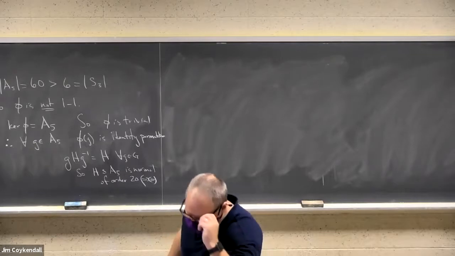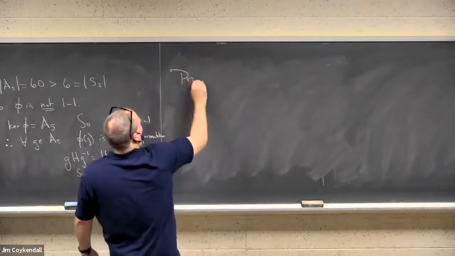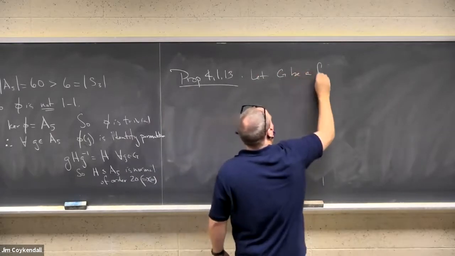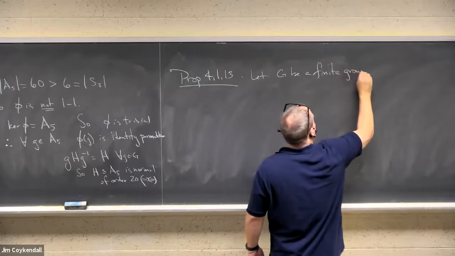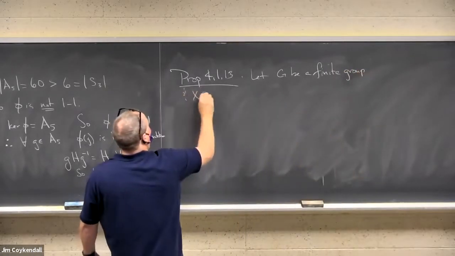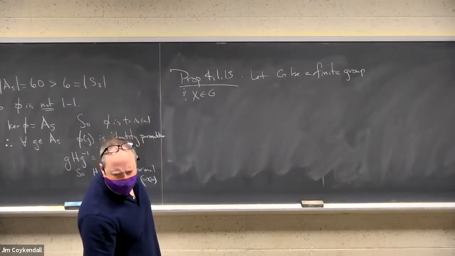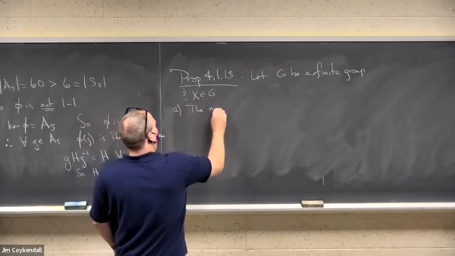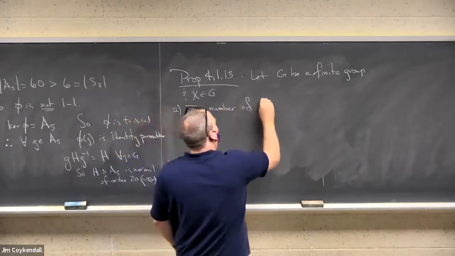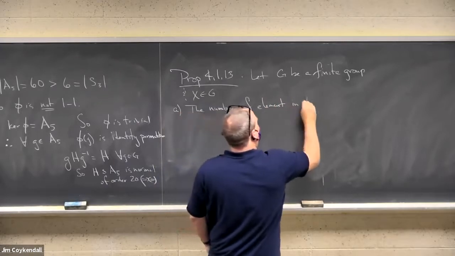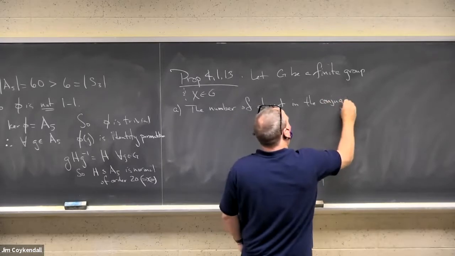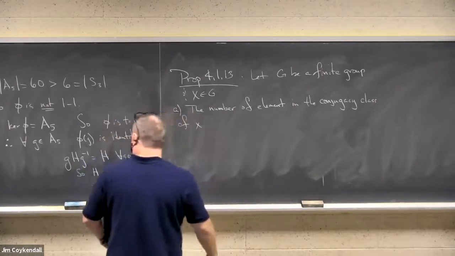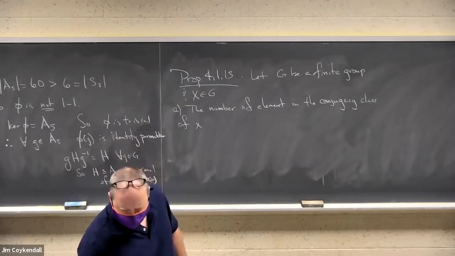So let G be a finite group and X in G. And let A be the number of elements in the conjugacy class of X. And let me refresh your memory about what I mean by that.